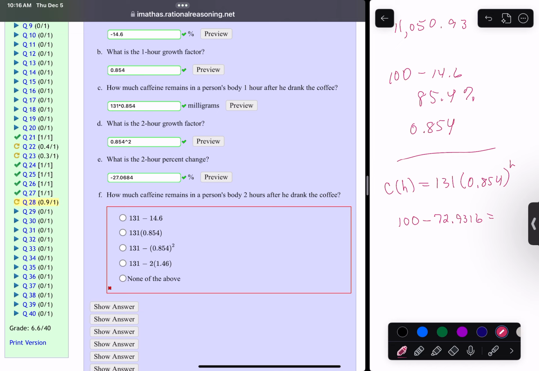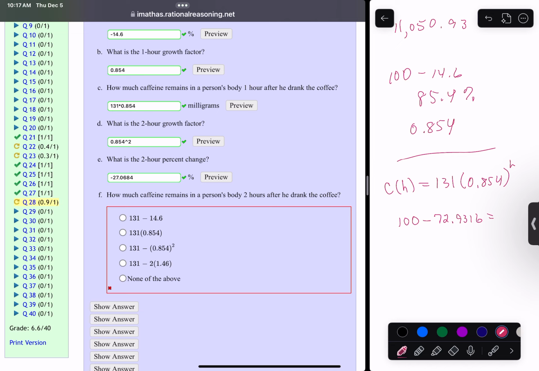If we took, let's see, what is 0.854 times 131? 0.854 times 131 is minus 100. Wait a second. 0.854.